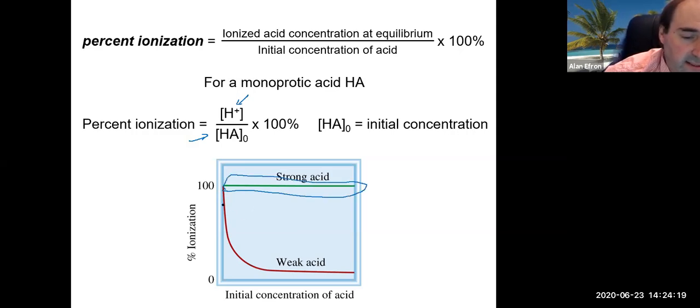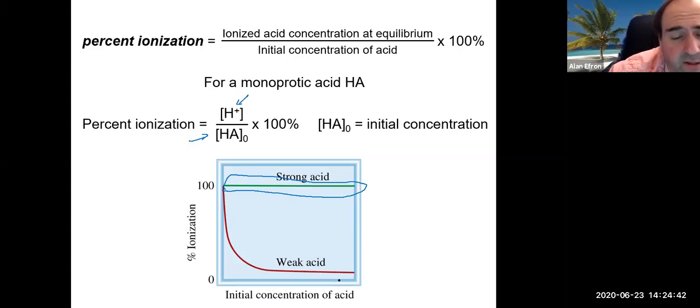Now, a weak acid will have different percent ionization, and it is based on concentration. So at lower concentrations, we have a higher percentage of ionization occurring. When the concentration gets larger, we have a lower percentage of ionization occurring. That's sort of back to what we were talking about earlier.